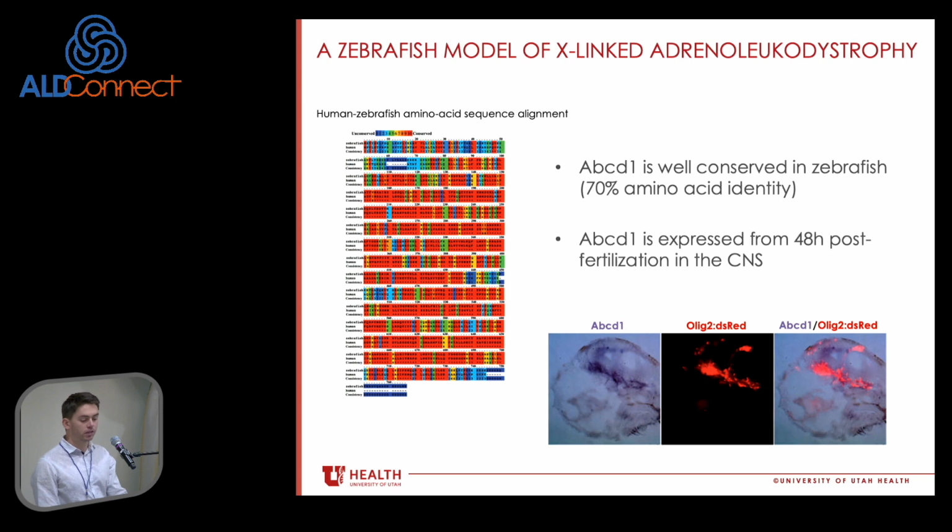To illustrate this, when comparing the amino acid sequence of ABCD1 in human and in zebrafish, we measured about 70% amino acid identity. We can also tell that the gene is expressed in the central nervous system, as shown here by in situ hybridization, and it colocalizes pretty well with oligodendrocyte precursors as early as 48 hours post-fertilization.